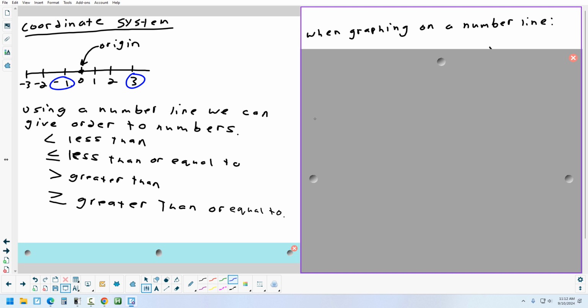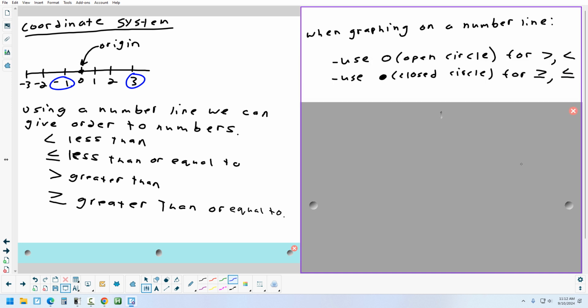All right. So when we're graphing on a number line, one way to do it is to put a circle, and there's 2 kinds of circles. Does anybody know the two kinds of circles that I'm thinking of? Yep, Ariel. An open circle where there's no inside, and a closed circle where there's an inside.